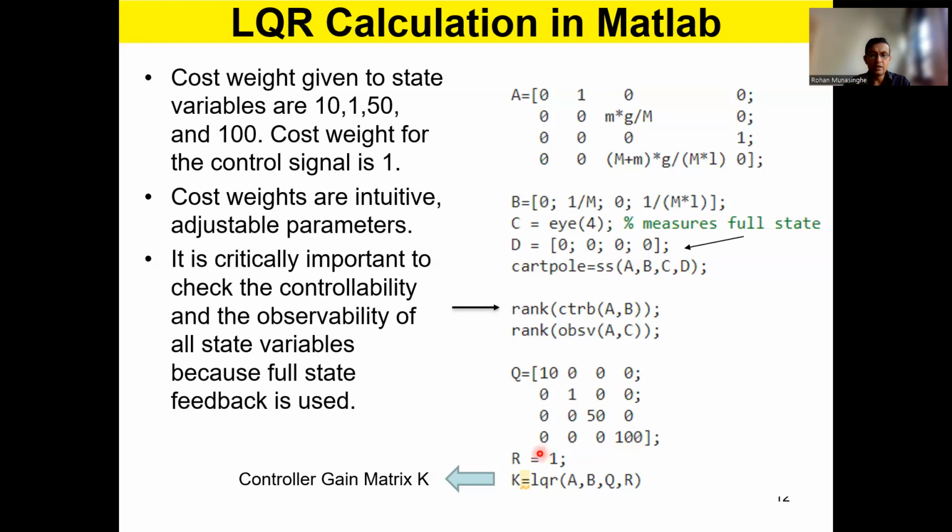And if you look at R, it is 1. The cost for R is not that great, so I don't worry too much about the control signal. You can have a big control signal; that's okay, because this R equal to 1 is a cost weight. How significant is the control signal as a cost? 1 means not that significant.